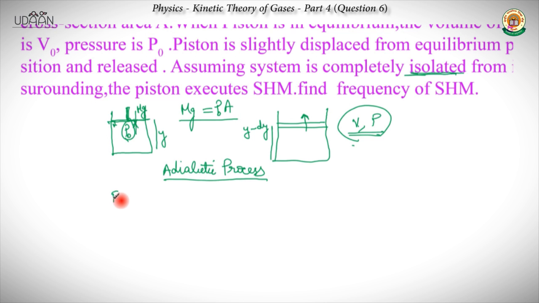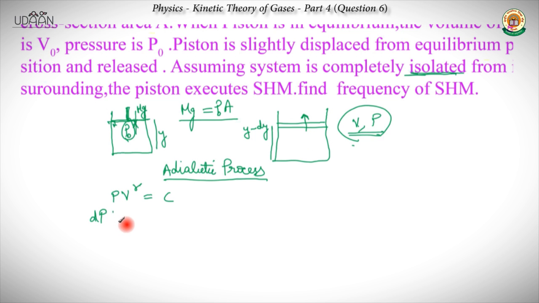So for an adiabatic process we have P V to the power gamma is constant, some constant C. Now we start differentiating it. We do this differentiation basically to know the differential relation between V and P. Because the change you see is very small, we'll need differentials here to solve the question.